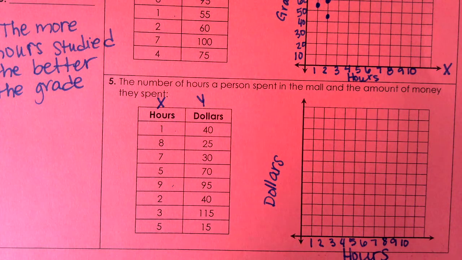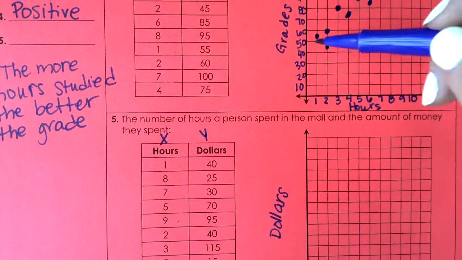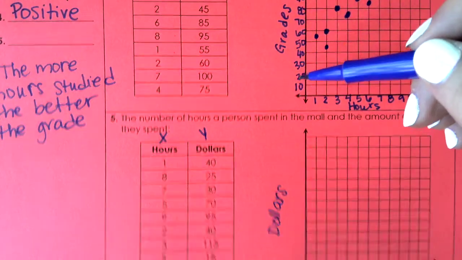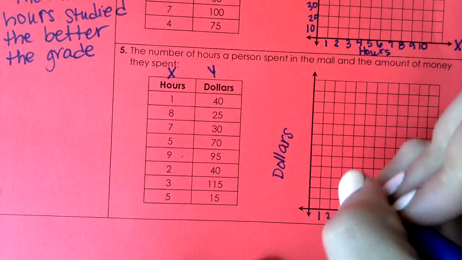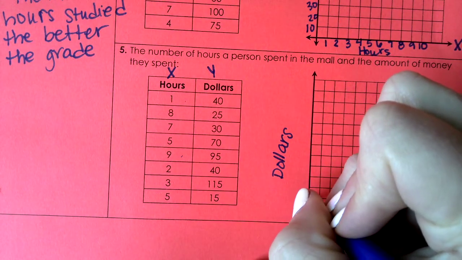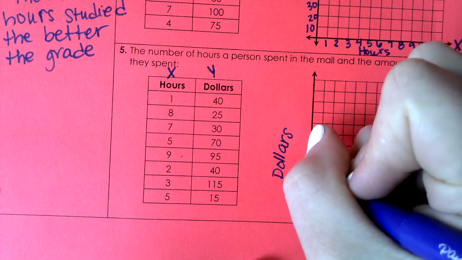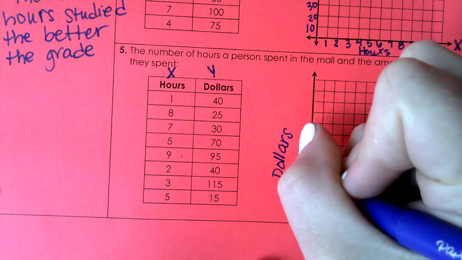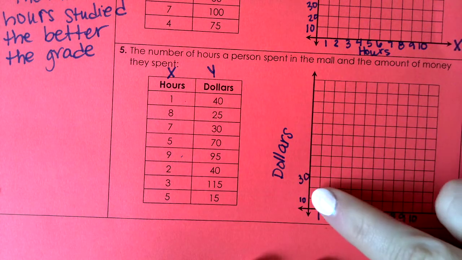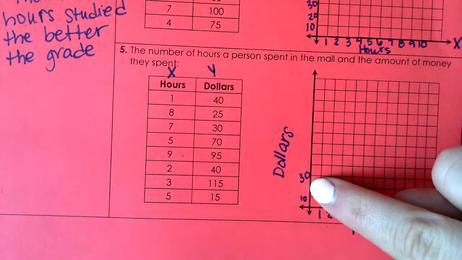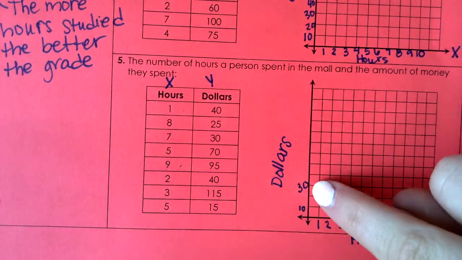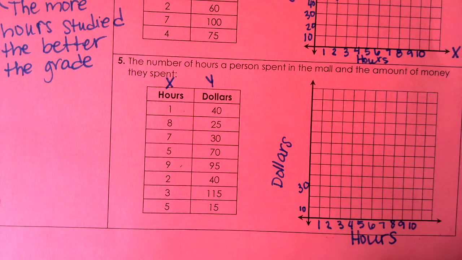Tens. I'm going to count by tens, but I'm going to show you guys a different way of how to do that. This gets really crammed right here. So what I'm going to do is count by every other. So this one's still 10, but instead of writing 20, I'm just going to skip ahead and go to 30, but I'm just not going to write anything at this line here. That's just so we can read it better. You can definitely go ahead and write 10, 20, 30, 40, 50, whatever you would like.